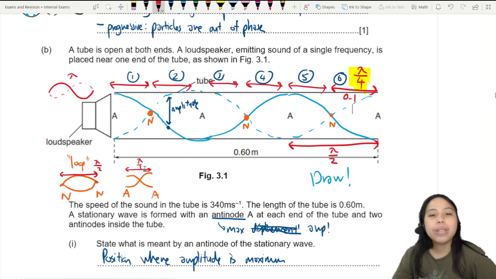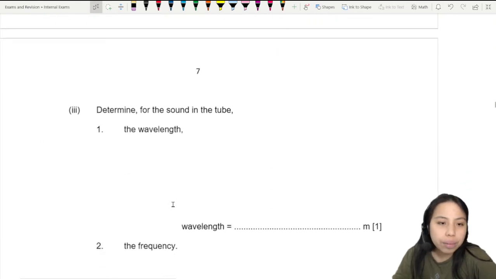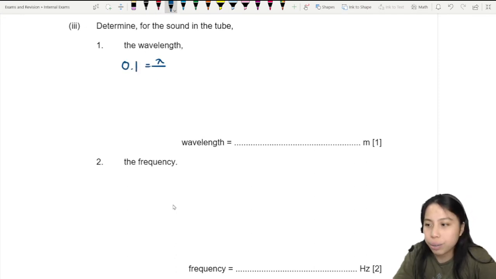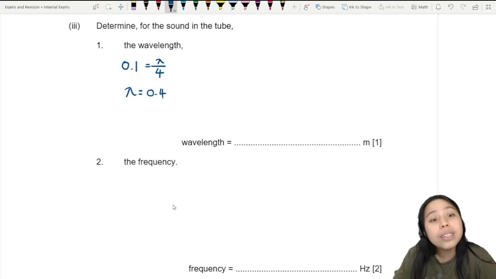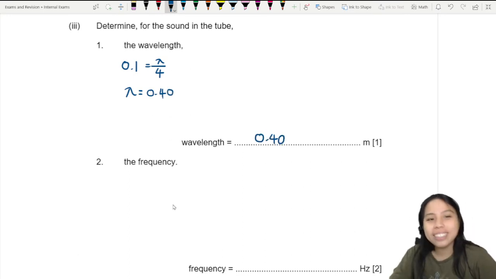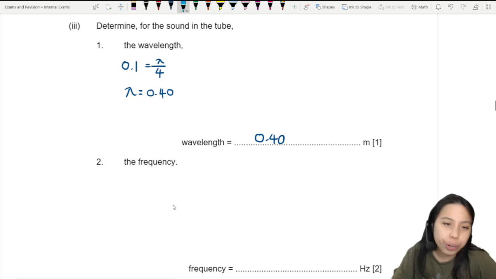Also you can do that. So let's put that down here. One option is that 0.1 is lambda over 4. So you can say lambda is then 0.40. Put the 0 in, 2 SF at least. Okay, this is one alternative.